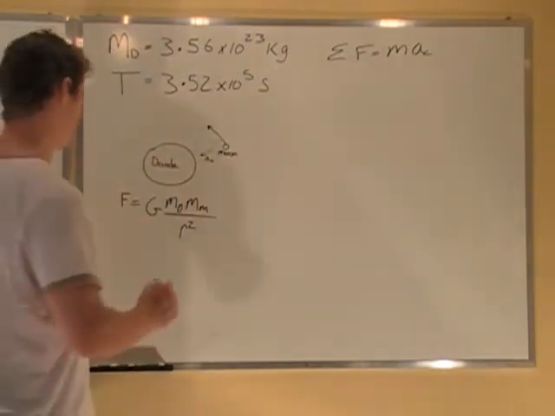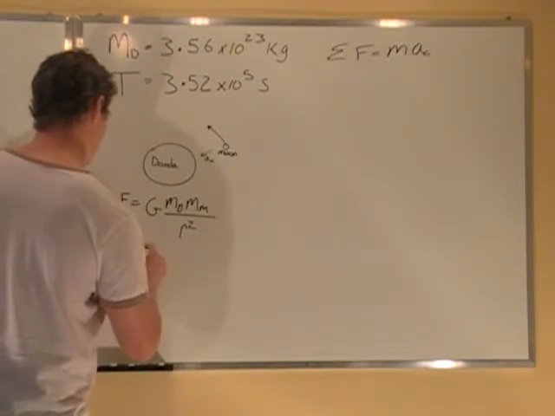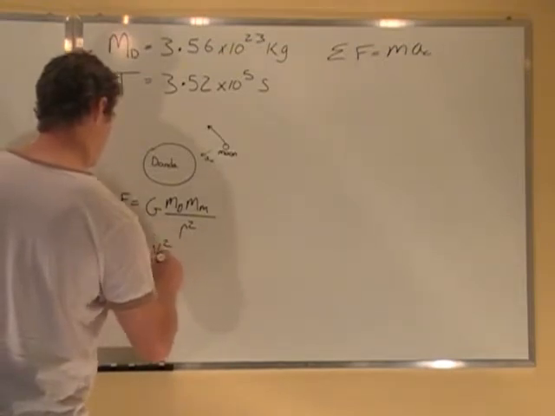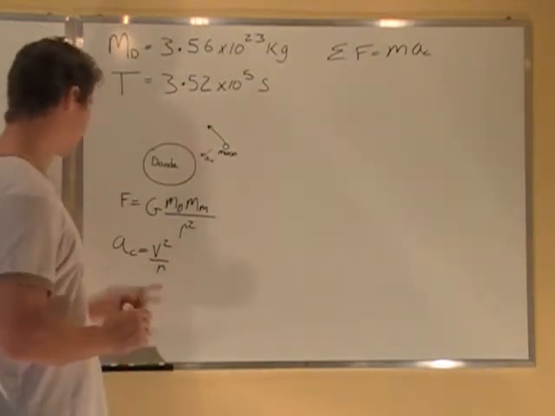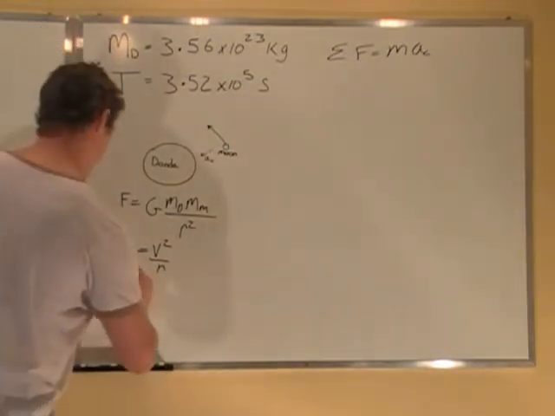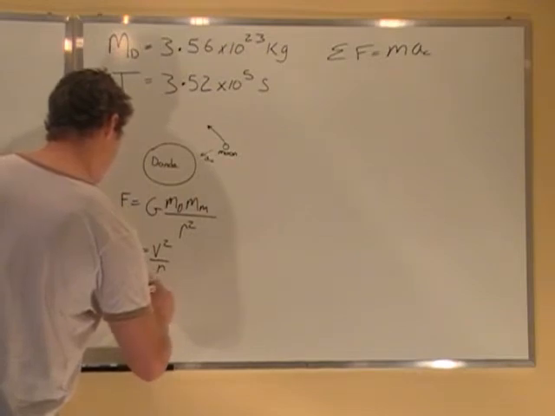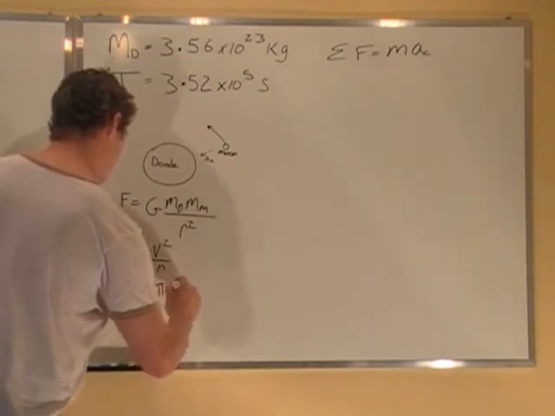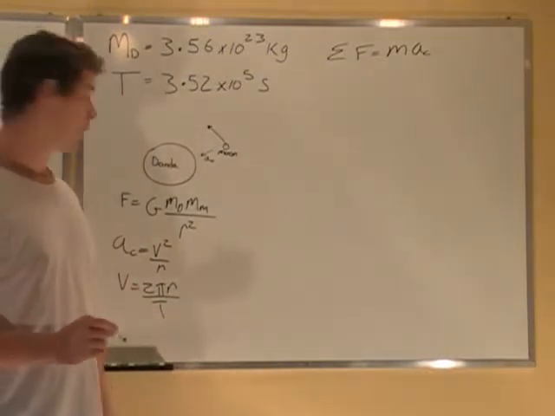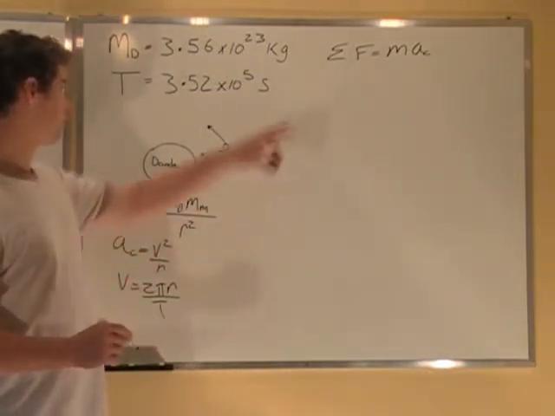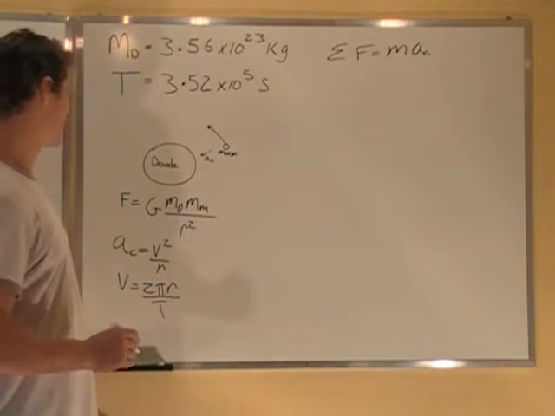We also know that centripetal acceleration is equal to v squared over r. And the last thing we know is that for circular motion, velocity is 2 pi r over T, where T is the period. So let's do this sum of the forces and see what we get.